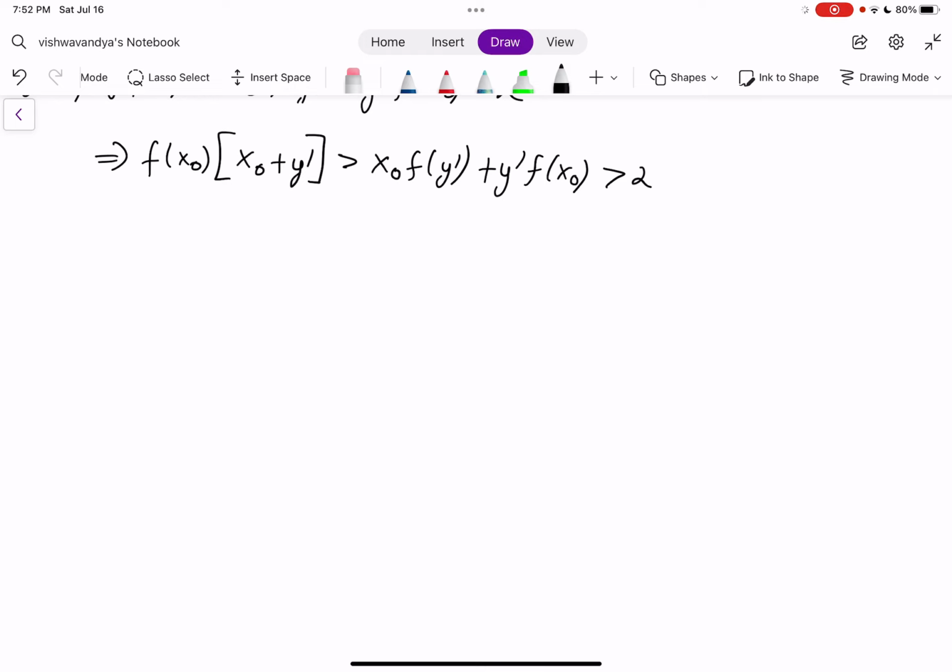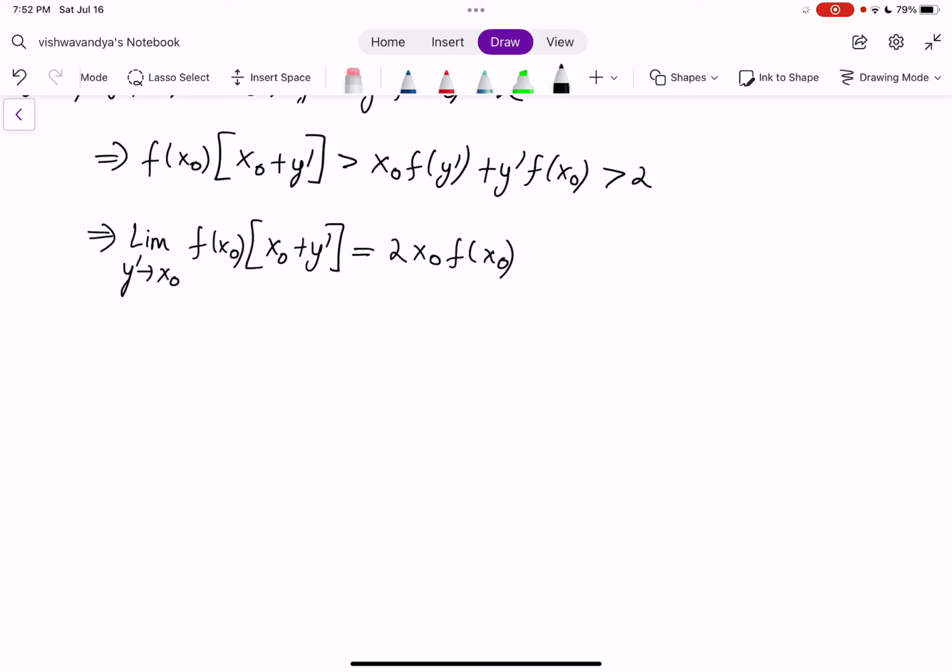What does this mean? I can approximate it nearly to x naught. That means that if I take the limit as y prime tends to x naught of f of x naught times x naught plus y prime, this must be equal to 2 times x naught f of x naught.